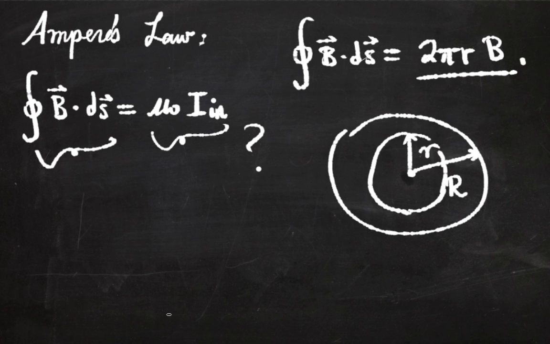It may not be immediately obvious at first, but the problem told us that we have a uniform current density, which means that there's no more current at this spot here, than here, than here, for example. The current density is the same throughout the cross-sectional area of the wire. And that means the ratio of the current enclosed by this Amperian loop to the total current is going to be equal to the ratio of these two areas.